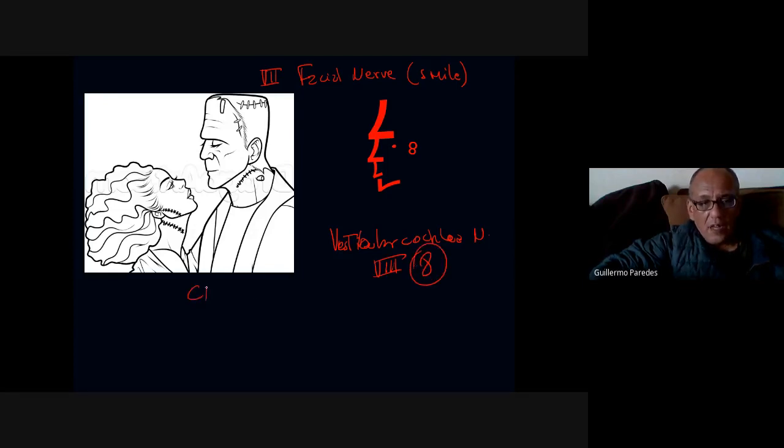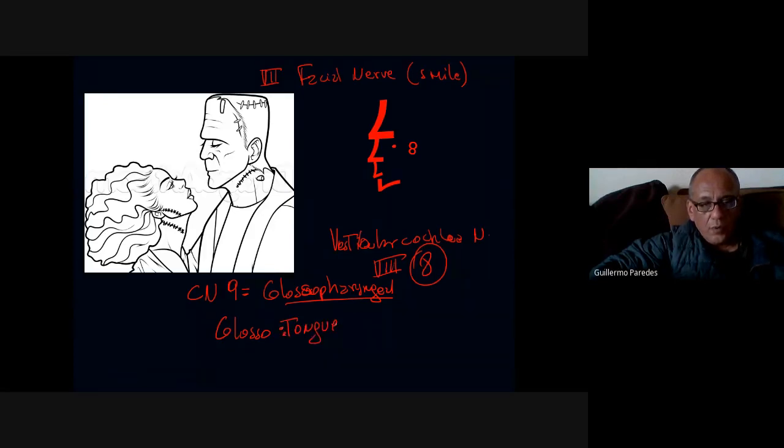Then we have cranial nerve number 9. That is the glossopharyngeal. Glosso means tongue.